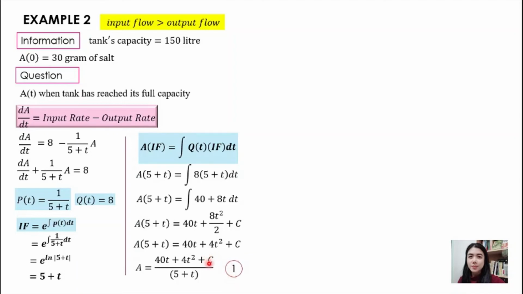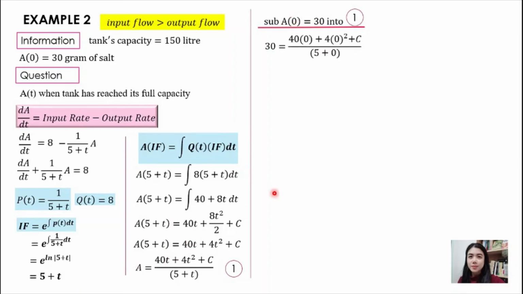Let's find the value of c here. Through this information, you're going to substitute your A0 equal to 30 into your equation number 1. It means that your A is actually 30, so substitute this as 30 and substitute your time as 0. Then this is what we have for the next line.